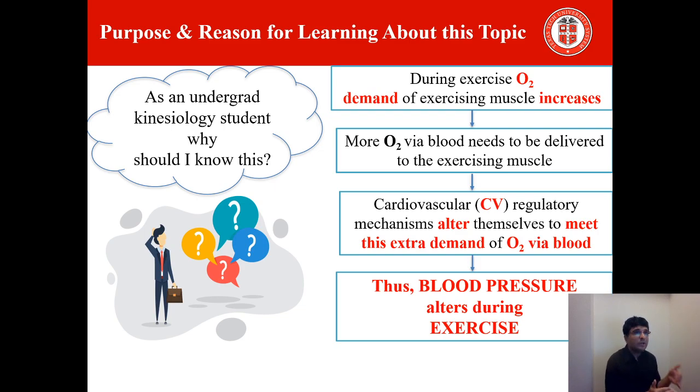And that can only happen when the cardiovascular regulatory mechanisms alter themselves to meet this increasing demand of oxygen, and the blood pressure, both the systolic and the diastolic, alters itself to meet the increasing oxygen demand while somebody is exercising. And what are these changes in all these cardiovascular parameters? We'll see in a bit.